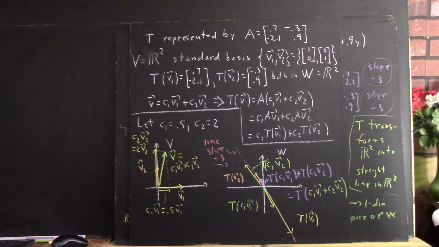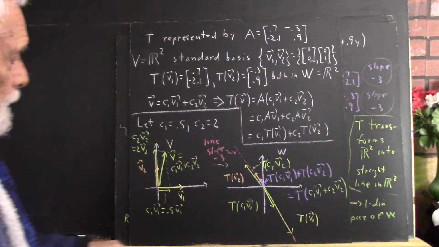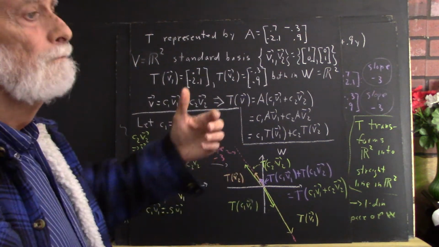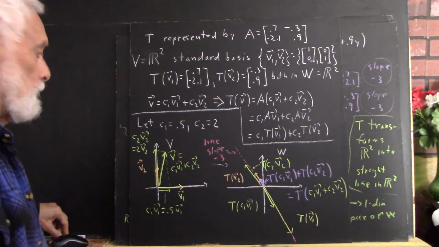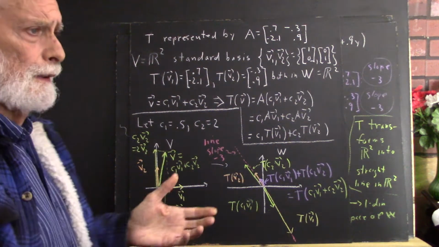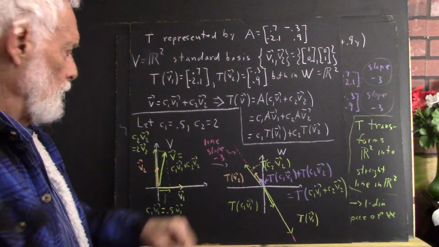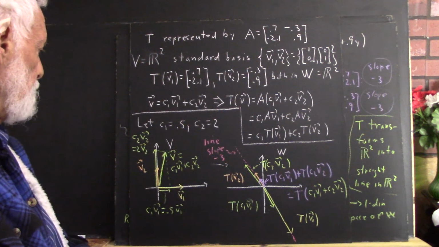Okay, there are other ways to illustrate this. Again, this comes back to the idea that the rank of the transformation is 1, nullity is 1, because the rank of the matrix is 1 and the nullity of the matrix is 1. And we're going to develop that idea to quite an extent.